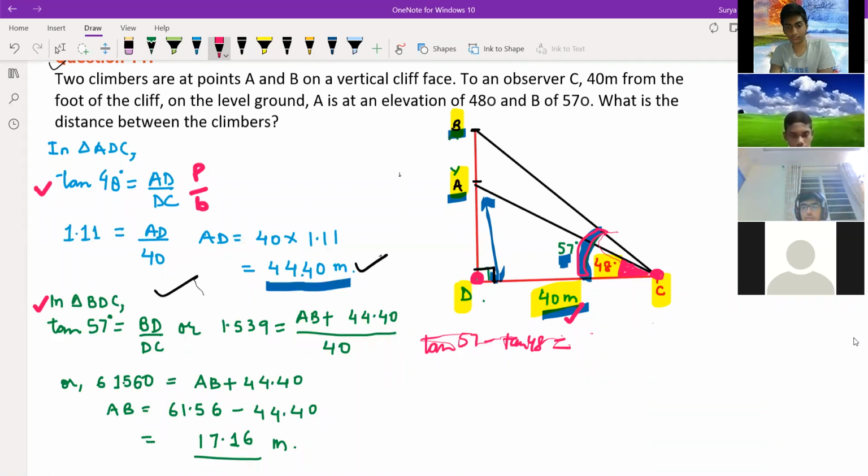Whole into 40, sir. I'm saying 40 into H, you are saying like this. No. Tan 57 minus tan 48 whole into 40 into H. Whole into 40. Yeah. Into H. Which is 40? This one is H, you are saying. Which one is H? Which part is H? The top AB part is H.